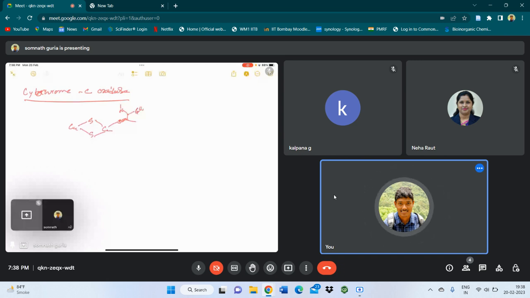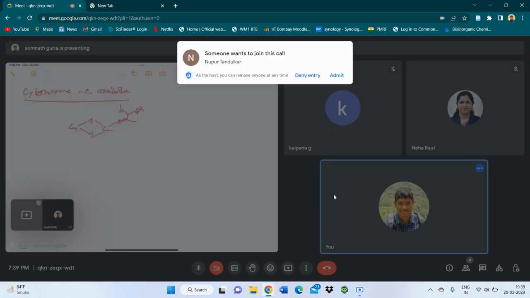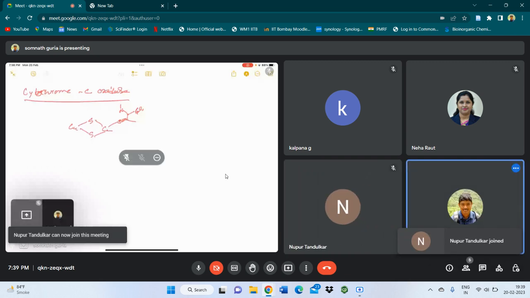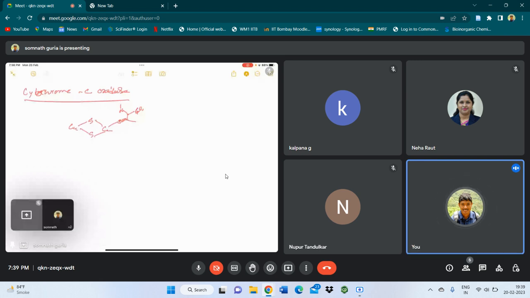Here is the histidine, histidine, and this is the cysteine. This is also cysteine. So cysteine. This is N histidine. This is methionine.